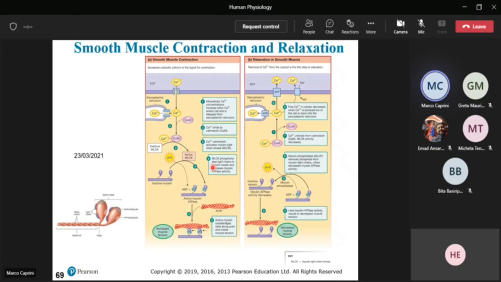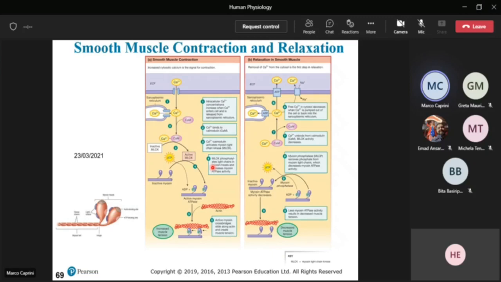The myosin ATPase activity is increased. Obviously, the power stroke can be determined, and the cross-bridges lie along the actin and create the muscle tension.